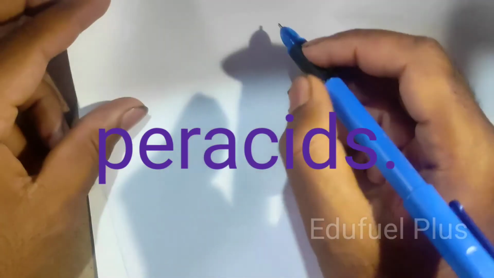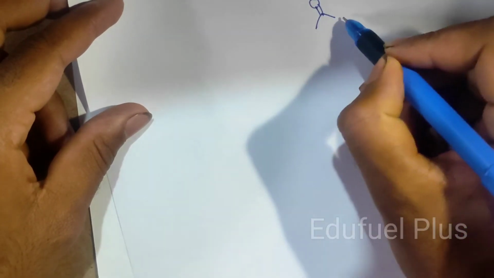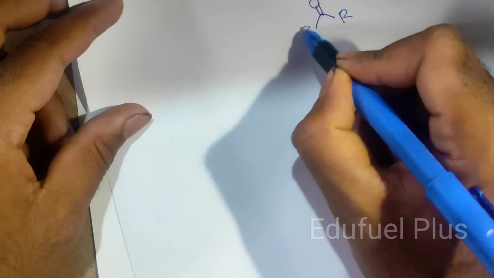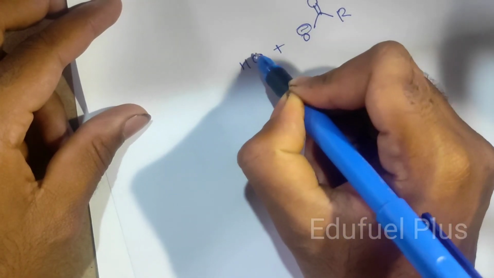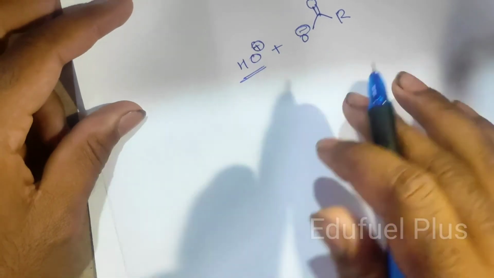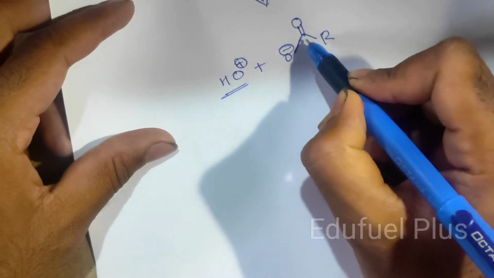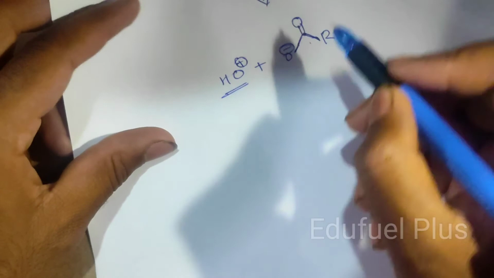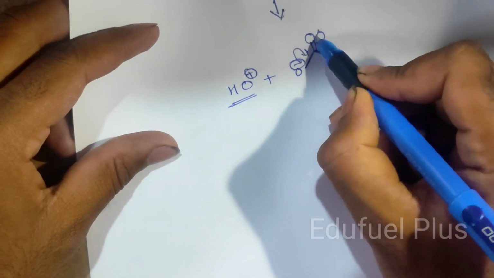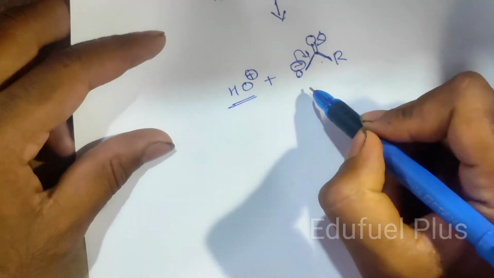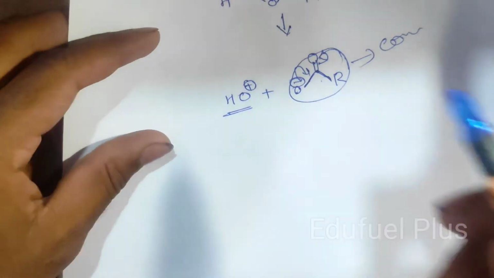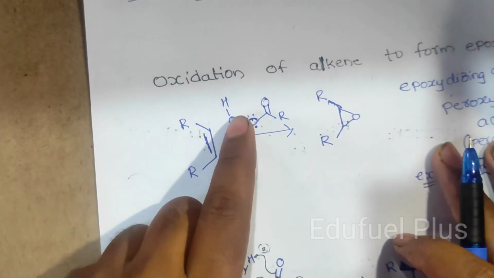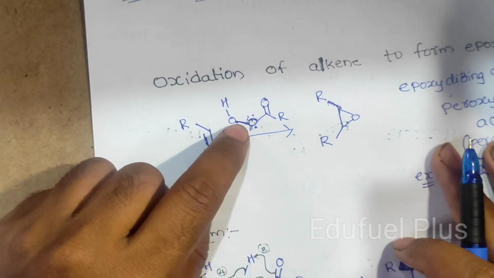Now when this bond breakage takes place, we are having COR O minus, and next OH with a positive charge on this oxygen. This is very stable when compared to this, because here we are having a delocalization between two oxygen atoms. This makes this compound stable, so that's the reason the bond breakage takes place at this position.